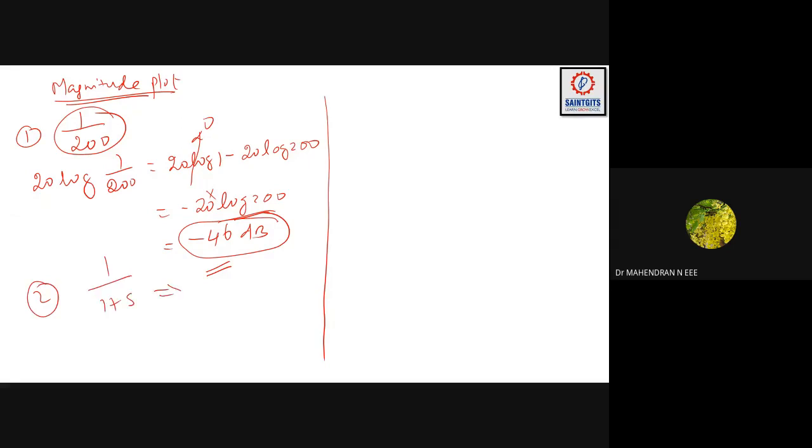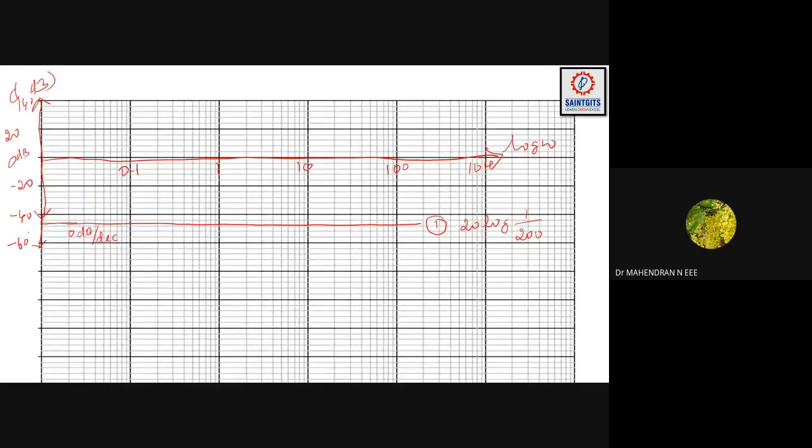Then the second term is 1 divided by 1 plus s. This can be written as 1 divided by 1 plus s divided by 1. This is your corner frequency, and you mark it here.